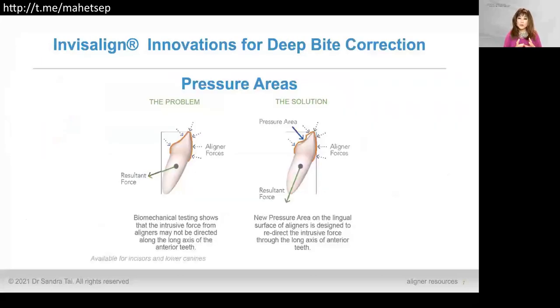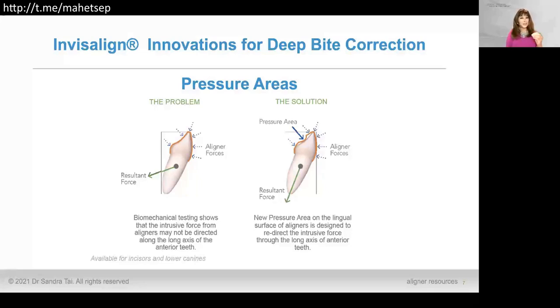Now, we've always known that aligners are very good at intruding teeth because of the principle of aligner engagement. There's aligner material wrapped on the lingual, the occlusal or the incisal, and the labial of the tooth, and mesial and distal. And so when the tooth is completely engaged by the aligner material, it's able to exert that intrusive force very well, particularly because of aligner material on the incisal or the occlusal surface.